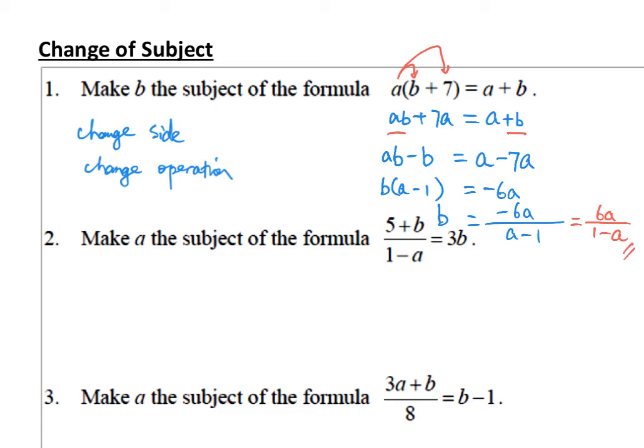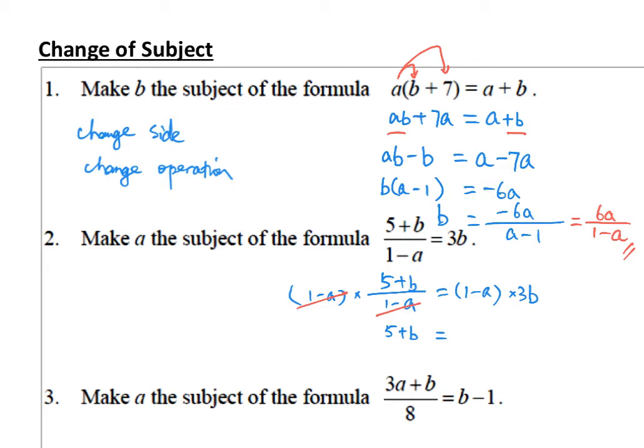So I will write 5 plus b over 1 minus a, times 1 minus a, equals 1 minus a times 3b. So you see, if I want to remove the denominator, multiply the denominators on both sides. So you can cancel it. You can cancel this whole thing so that 5 plus b is left on the left hand side.